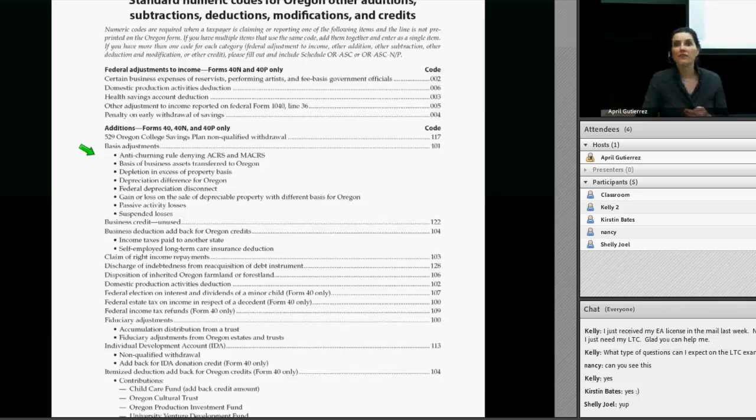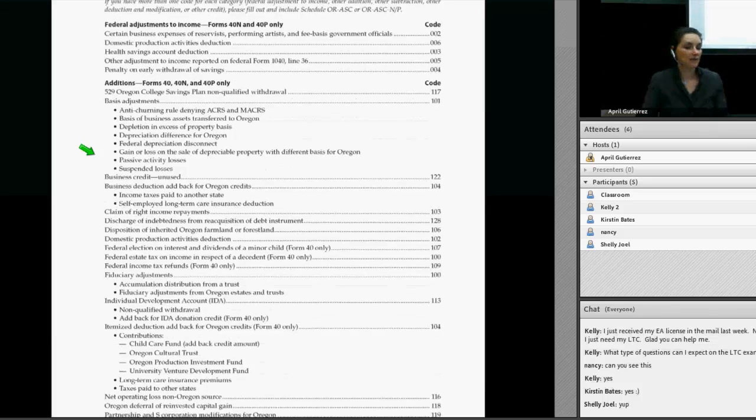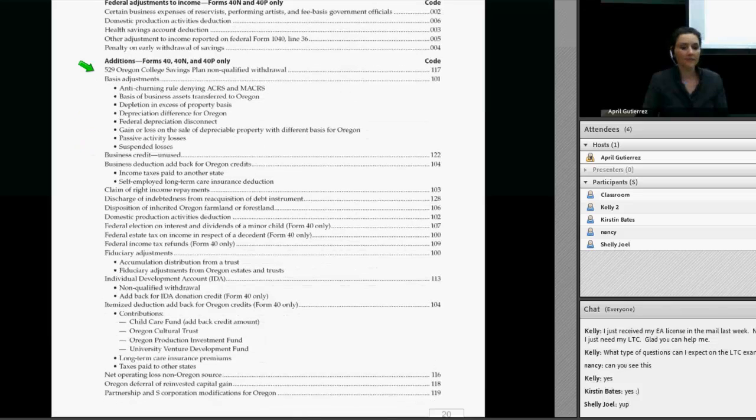Every other form of addition, you essentially have to know it in your head that it exists, because the form won't tell you that it exists. And you need to manually be able to go in and tell your software that there is an addition and what it is for. So we have the Oregon College Savings Plan, a non-qualified withdrawal. That can be an addition.